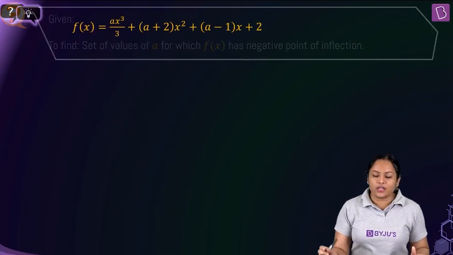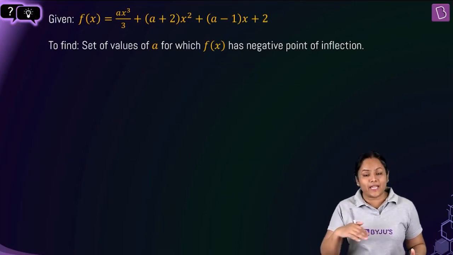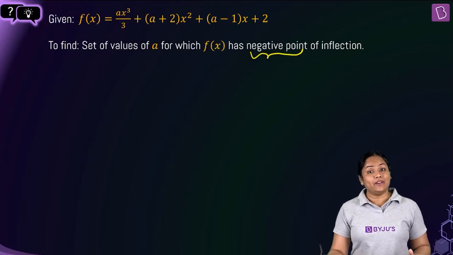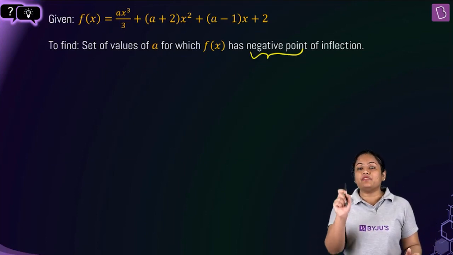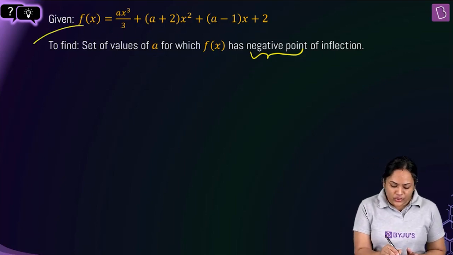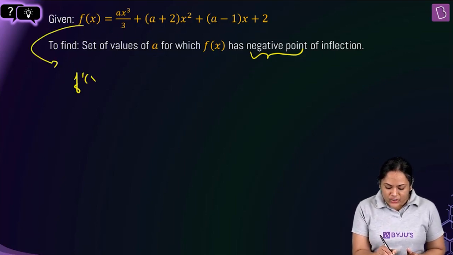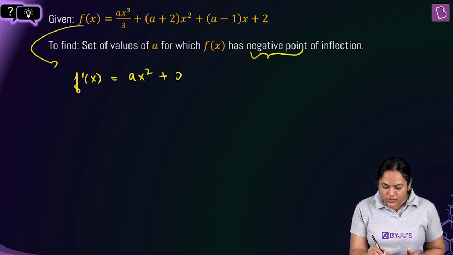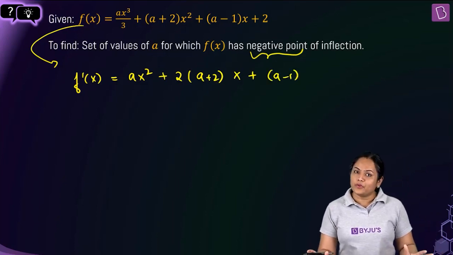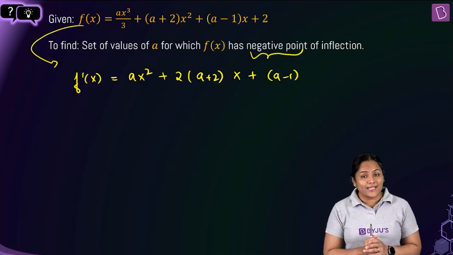So first of all, let's find the point of inflection and then we'll put the condition that it is negative. To get the point of inflection, first of all, I have to find f''. For that, I'll differentiate it first. So my f'(x) is going to become ax² + 2(a+2)x + (a−1), right? This is my f'. And now I'll differentiate it once again.